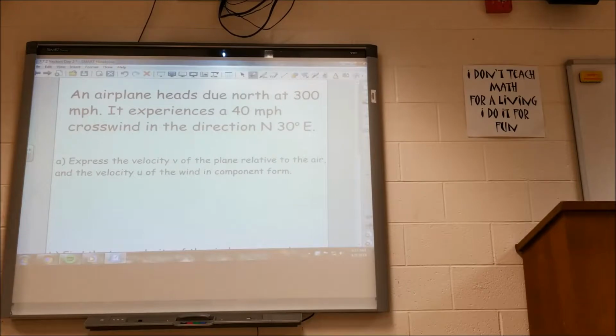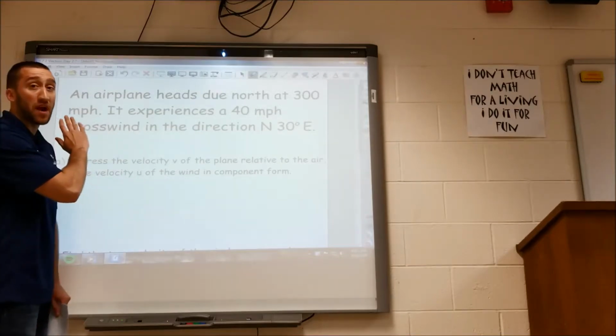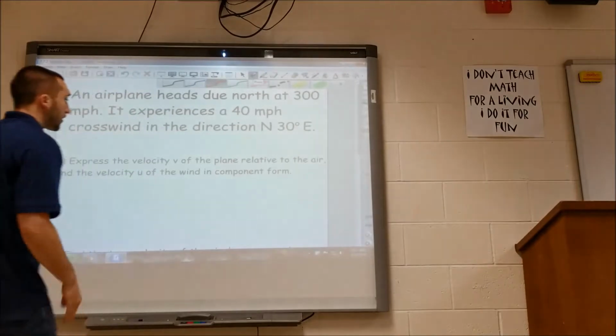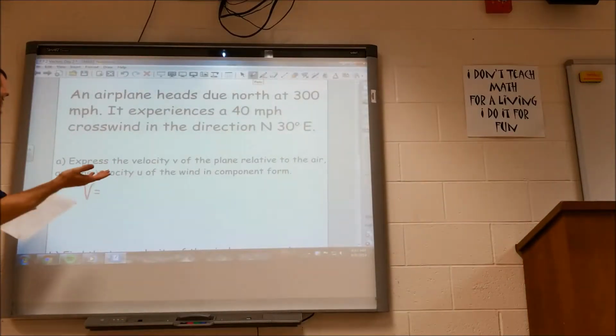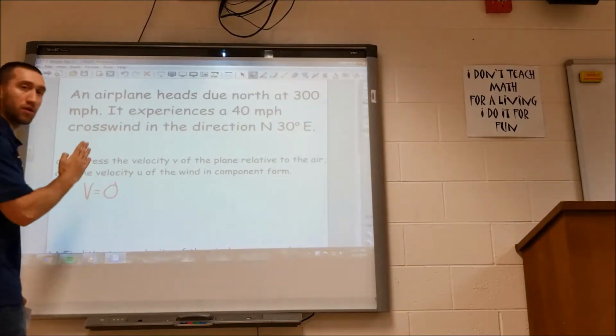Okay, so that's really what this crosswind is doing. So the first part asks us to express the velocity v of the plane relative to the air and the velocity u of the wind, and they just want them in component form like we did in the previous examples. So we're basically just taking our previous examples and putting them into real world situations. So v is pretty easy because it's going straight north, right? It has a 0 x coordinate.